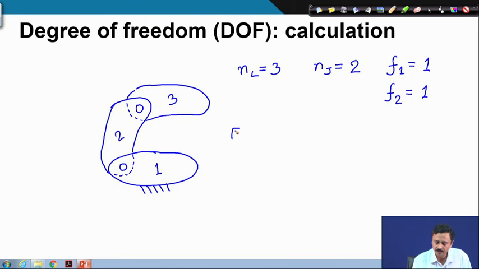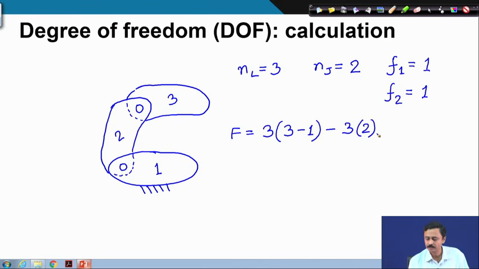Therefore, the degree of freedom calculation for this chain becomes 3 times number of links minus 1 because 1 is grounded, minus the 2 kinematic pairs will now take away 3 times 2, it will take away 6 degrees of freedom, but it will give back 1 plus 1 because each kinematic pair allows 1 degree of freedom.